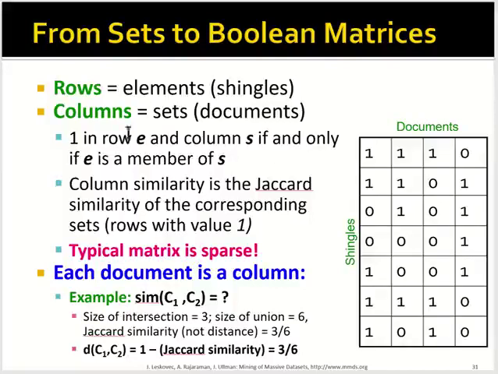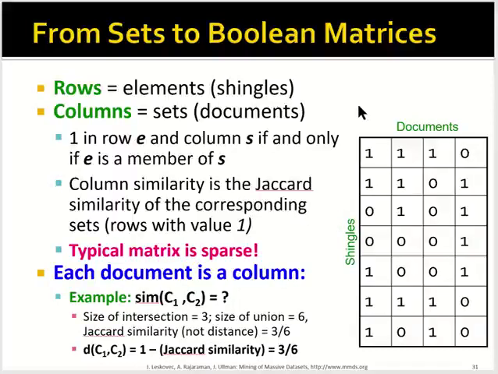Okay, so the one in each row and the column: if S has a number of S, which means that, for example, if document 1 contains a shingle 1, here is a mark of 1. Otherwise, it's a 0 here.